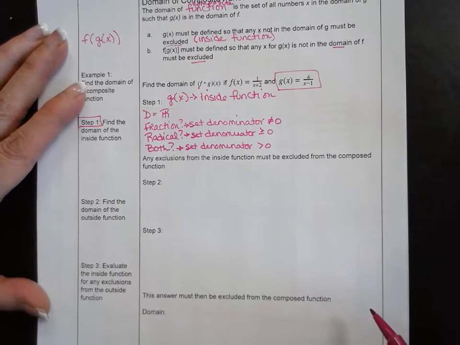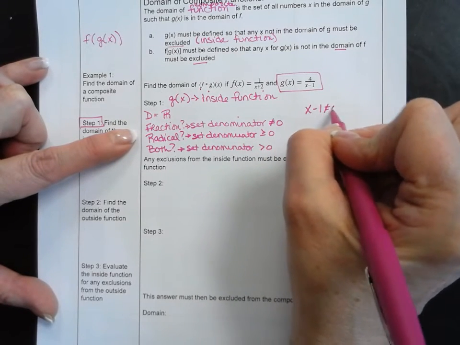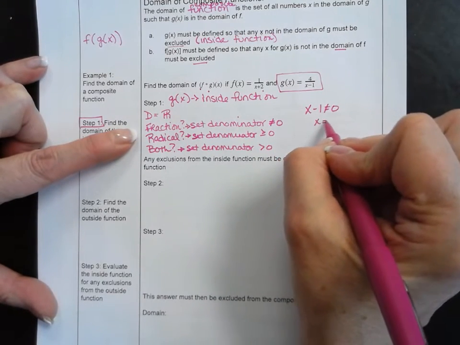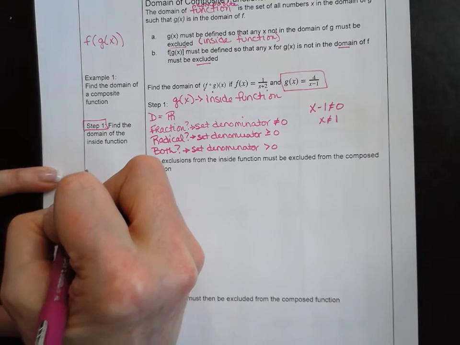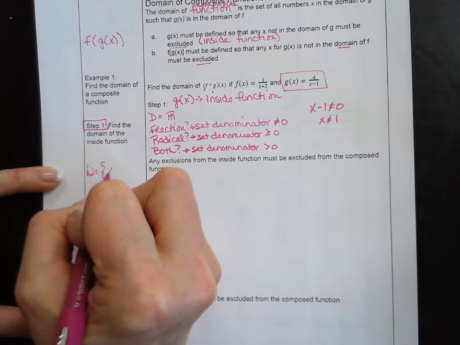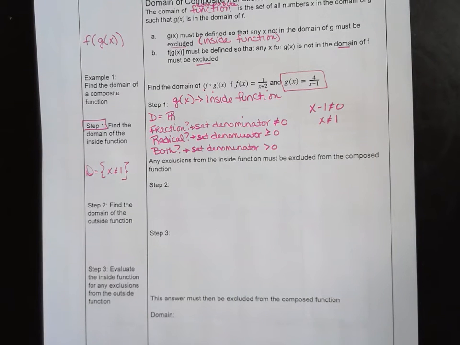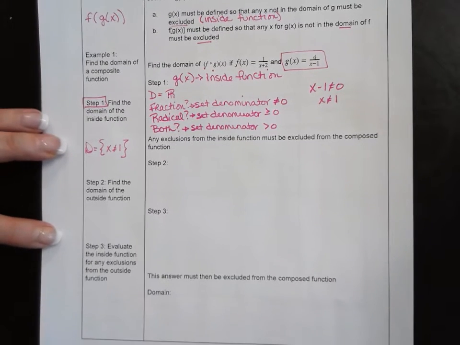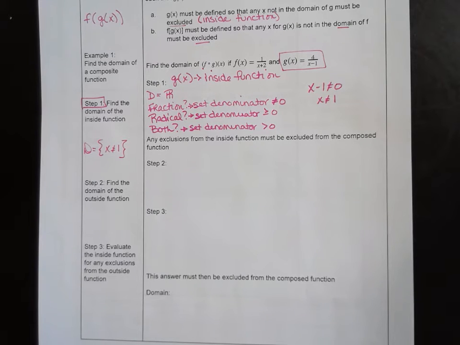Hopefully? Yes, good. All right, so x minus 1 cannot be 0, so x cannot be 1. All right? So far, my domain, x can't be 1. You agree with that one? Yeah. Good.